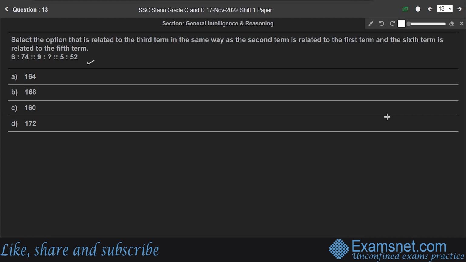Question number 13. Select the option that is related to the third term in the same way as the second term is related to the first term and the sixth term is related to the fifth term. So here, students, we need to find the missing number, which is the fourth term.